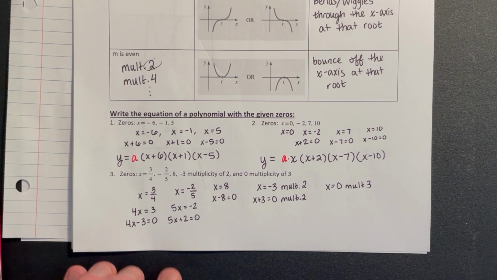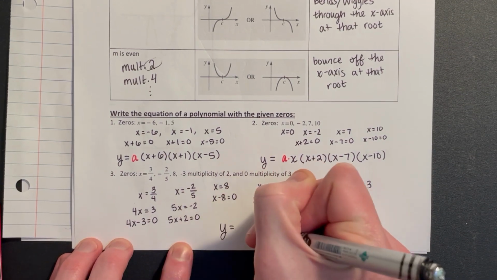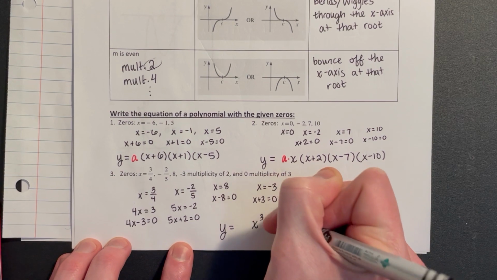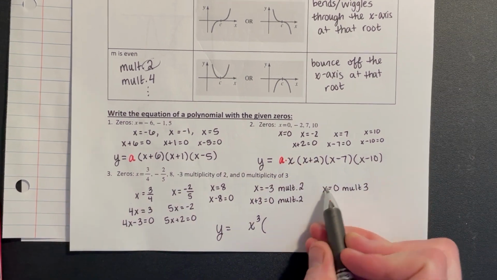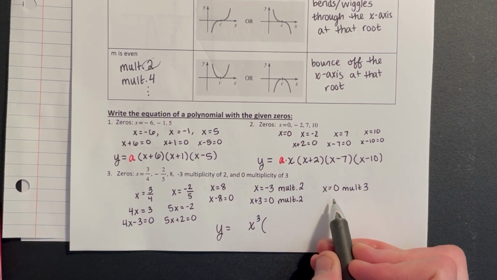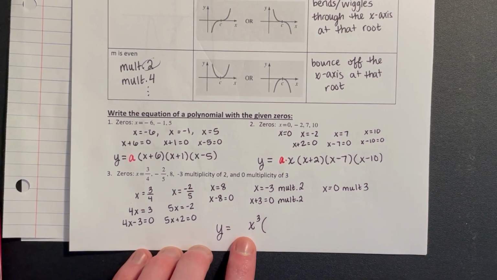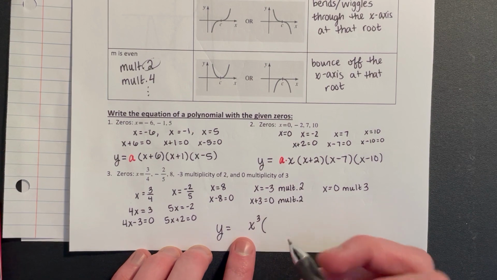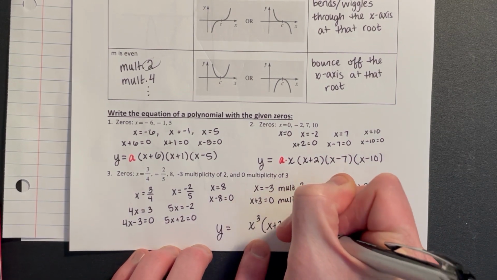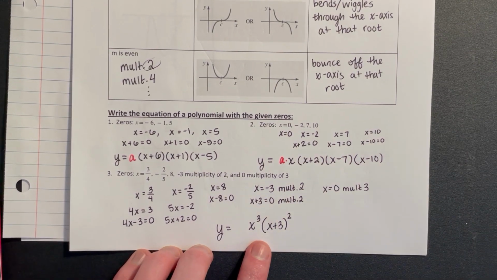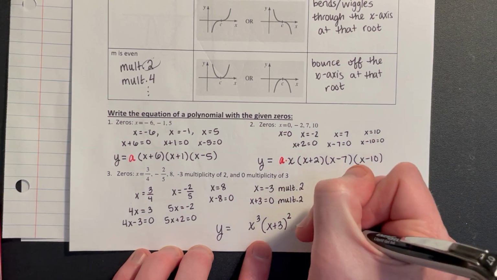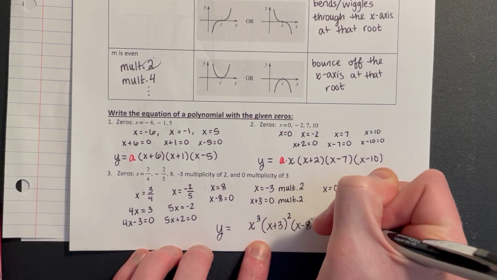X equals 0. So our function is going to start with this x cubed because there's really no x minus anything, it's just x. But there's multiplicity of 3, so it's x to the 3rd power. We can have this x plus 3. That's to the 2nd power because it's a multiplicity of 2. There's an x minus 8.